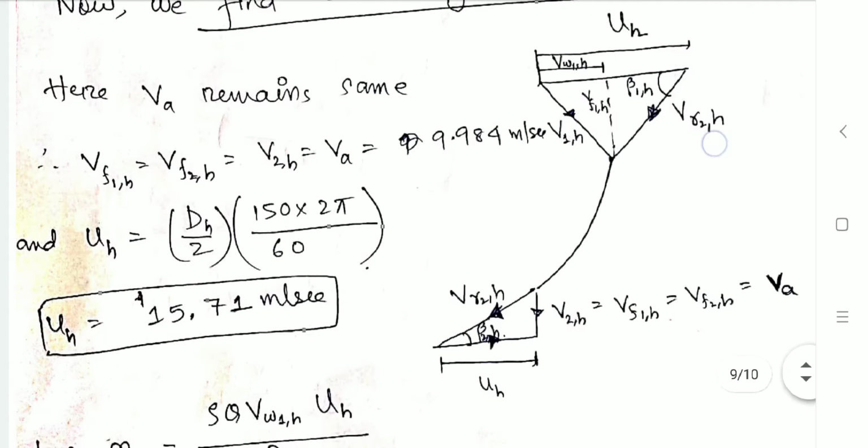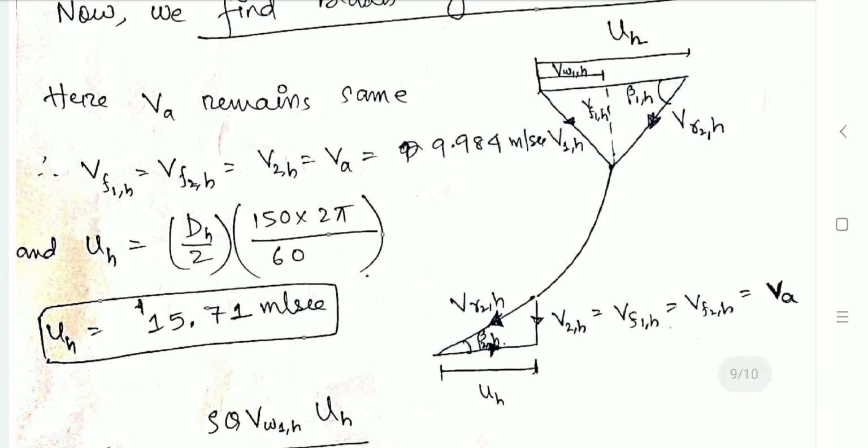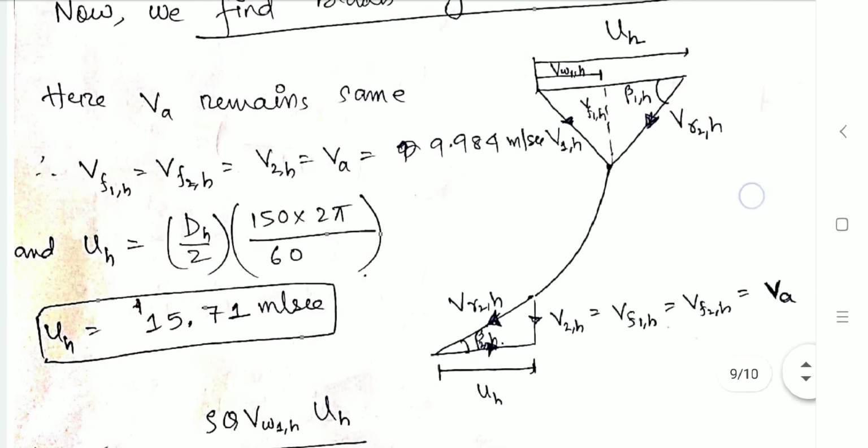So here also I draw the inlet and outlet velocity triangles at the hub location. Since the axial velocity will remain the same, vf1h equals vf2h equals v2h equals va, which we calculated earlier, equal to 9.984 meter per second.